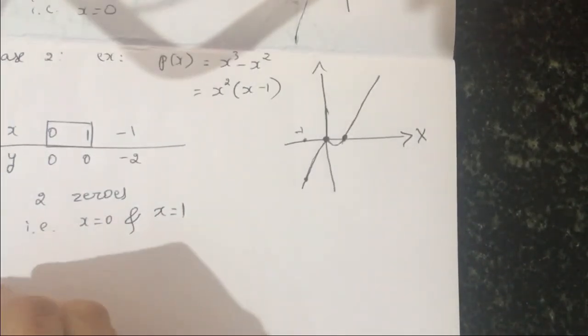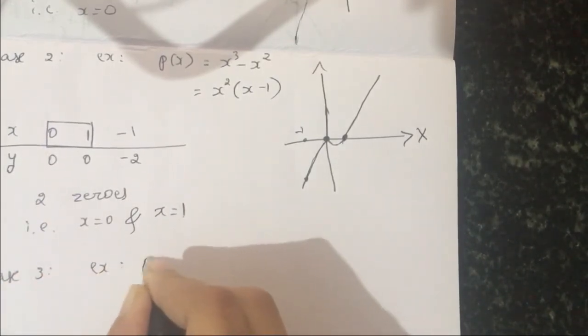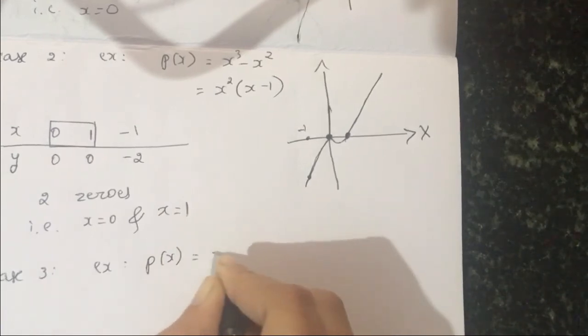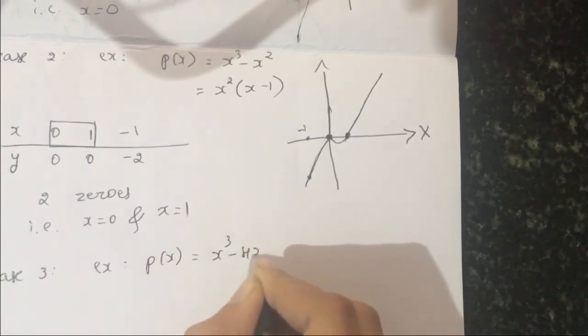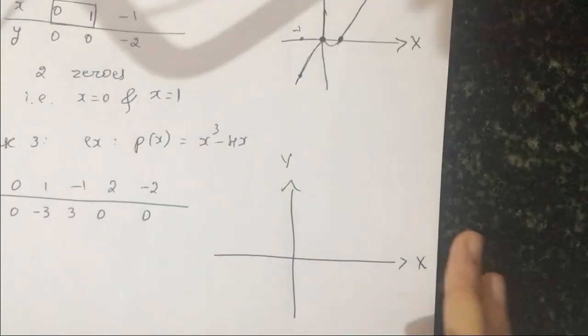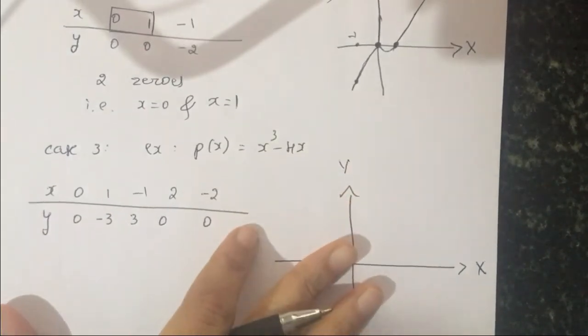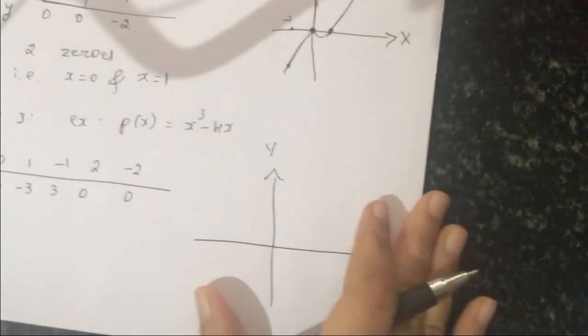The last case, for that I am taking an example, p of x equal to x cube minus 4x. I have a table for the polynomial x cube minus 4x. This is my table. I will draw.